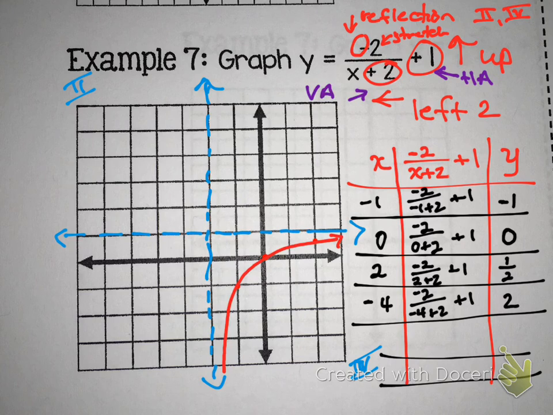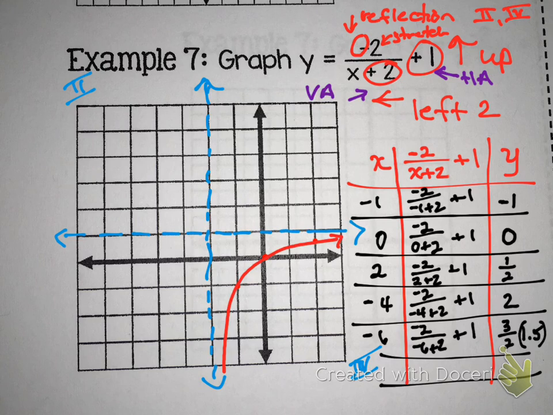And then maybe putting in negative 6, you'll have negative 2 over negative 6 plus 2, plus 1. So that would be a negative 4. Negative 2 over negative 4 would be a positive 1/2. So you would have a positive 3/2 or positive 1.5, depending on which way you want to think about it.